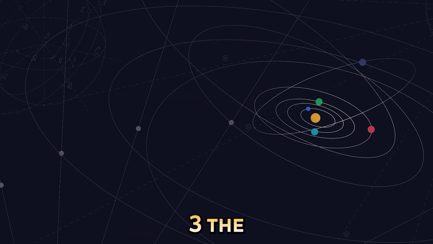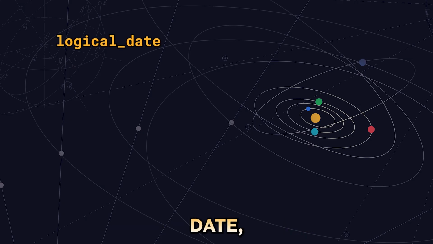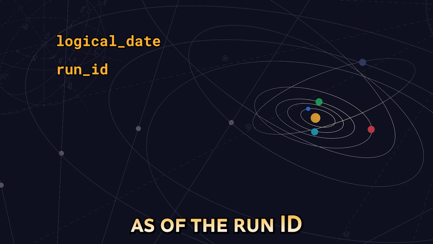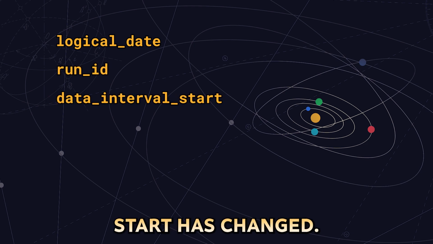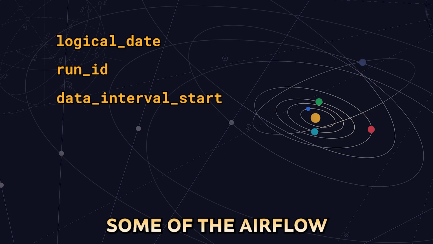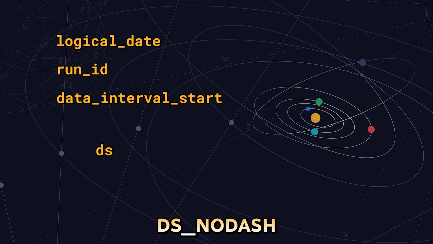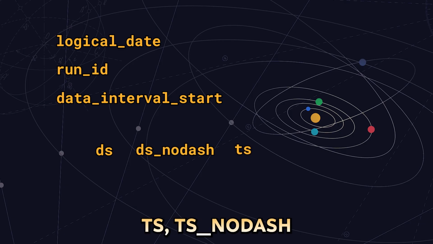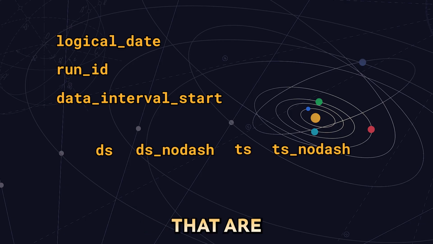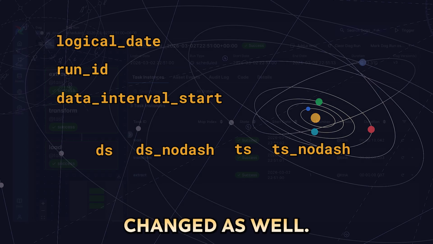Also, in Airflow 3, the behavior of the date attached to the DAG run, the logical date, previously execution date, as well as of the run ID and data interval start, has changed. This also affects some of the Airflow context variables like ds, ds_nodash, ts, or ts_nodash that are directly derived from the logical date and therefore changed as well.